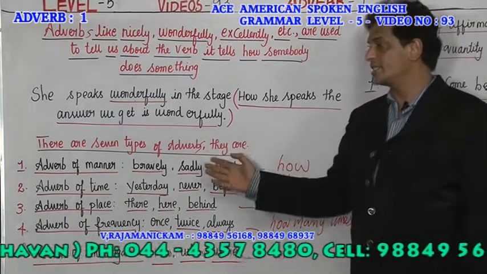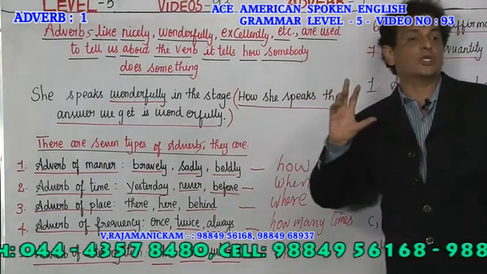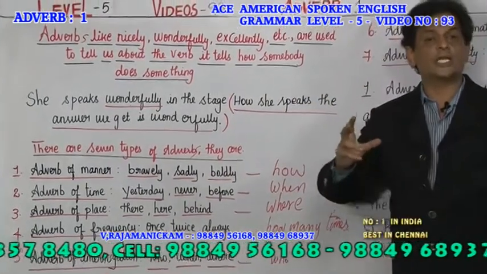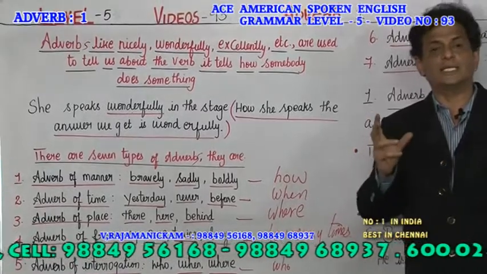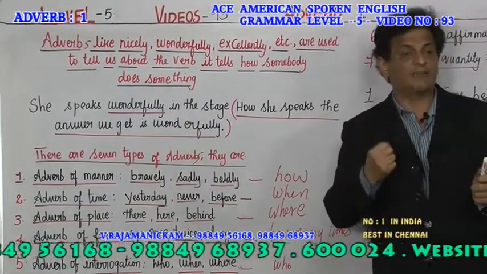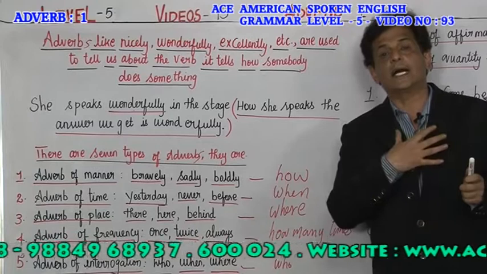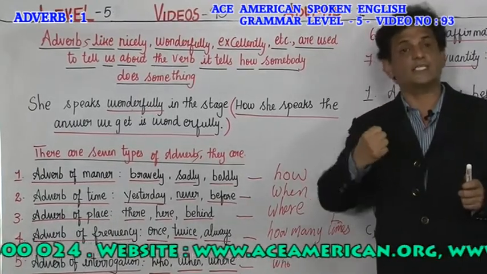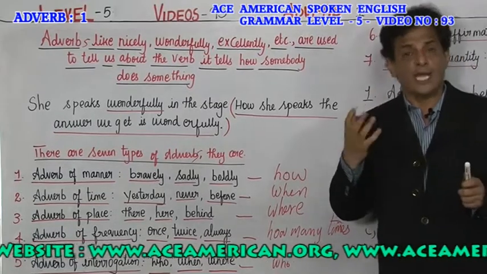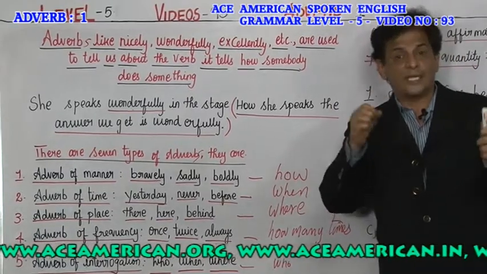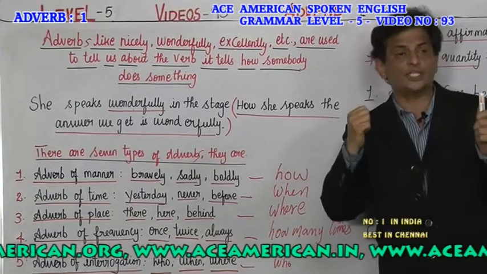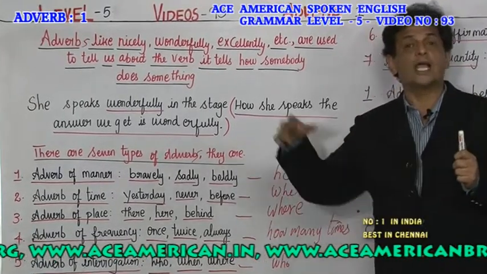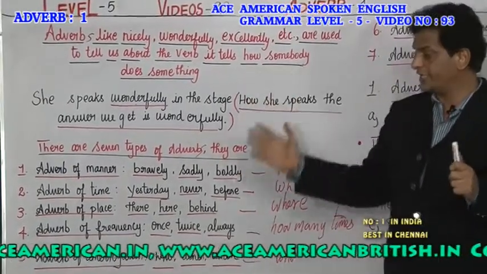So my dear friends, anything adding to the quality of the verb is called adverb. As you know, in a sentence the verb is the life. Just like in a human body the heart, the soul, is the most important, in a sentence the verb is most important. And when you want to state how the action happened, that is called adverbs.